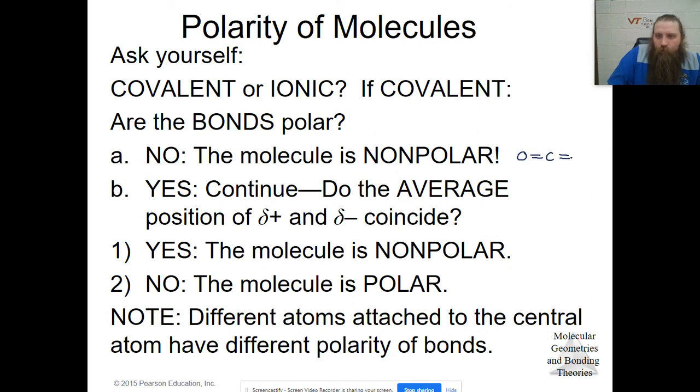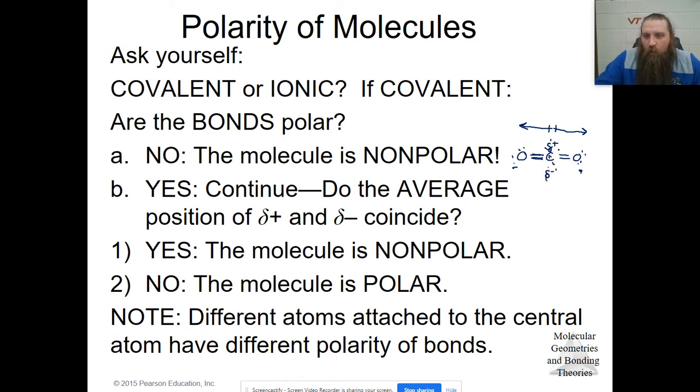Well, take carbon dioxide as an example. Those double bonds are polar bonds, they're polar covalent bonds, but the dipole moments start at carbon and push out. So the net positive is centered right here over carbon, and because I have the same balanced negative out here and out there, the balanced negative coincides.